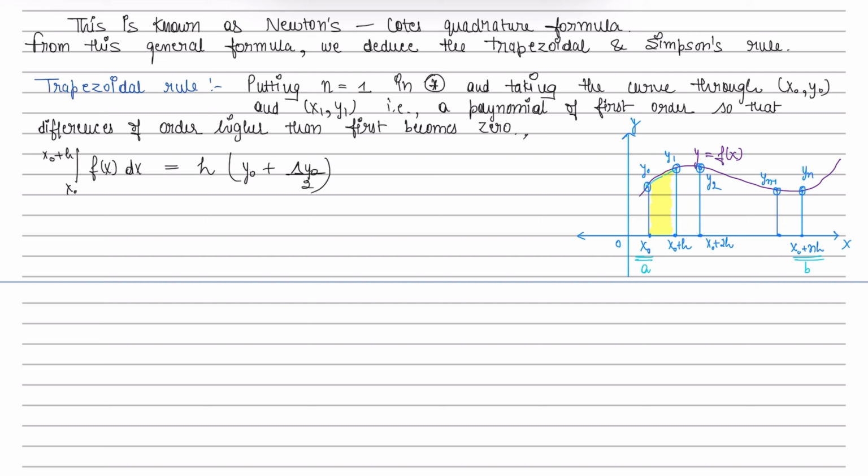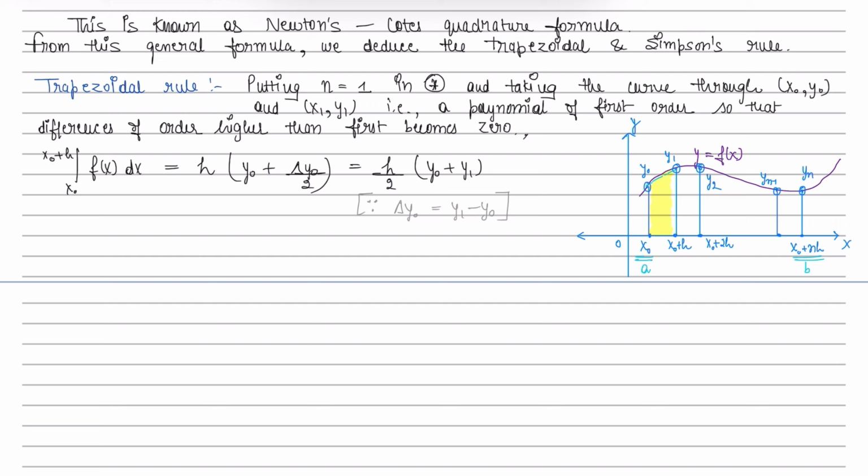Rest of all the terms will be 0, and we can write this in the form of h by 2 into y0 plus y1, because we know the value of first forward difference is equal to y1 minus y0. This is known as the trapezoidal rule.